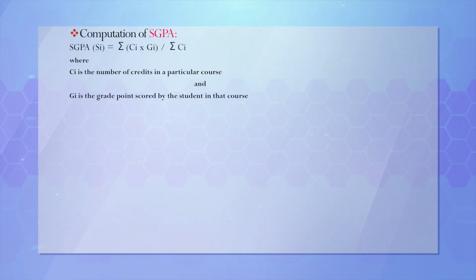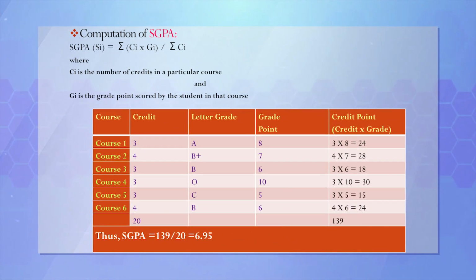The computation formula for SGPA is summation of Ci into Gi divided by summation of Ci, where Ci is the number of credits in a particular course and Gi is the grade point scored by the student in that particular course. Now, let us calculate the SGPA of a student in a particular semester.